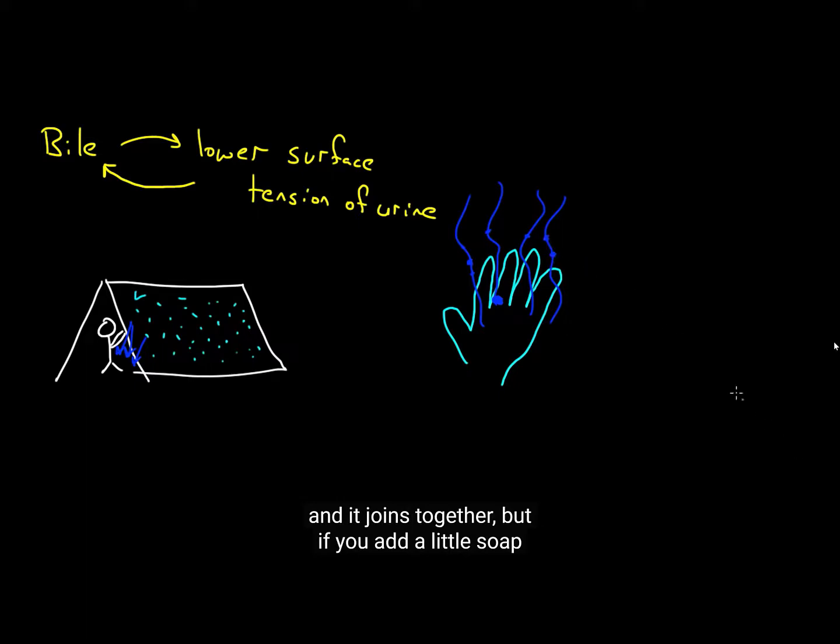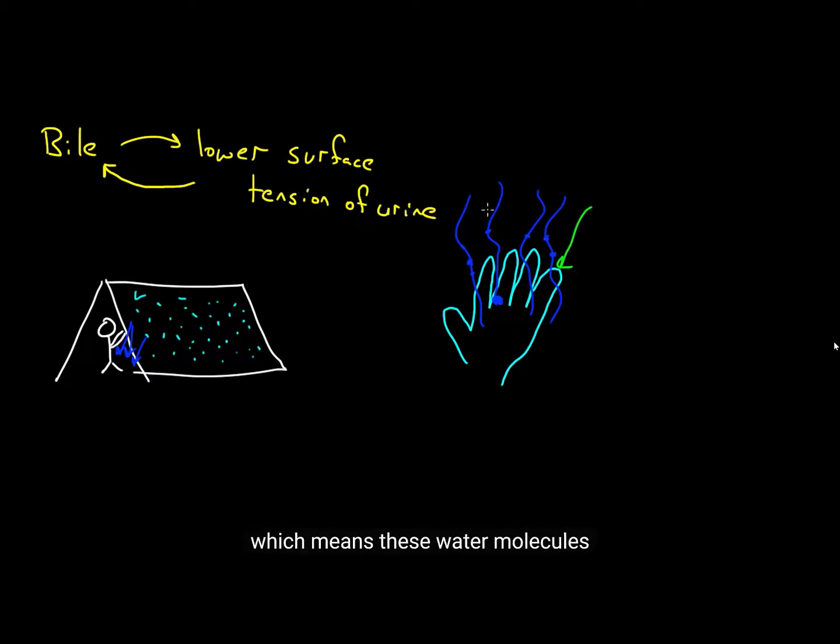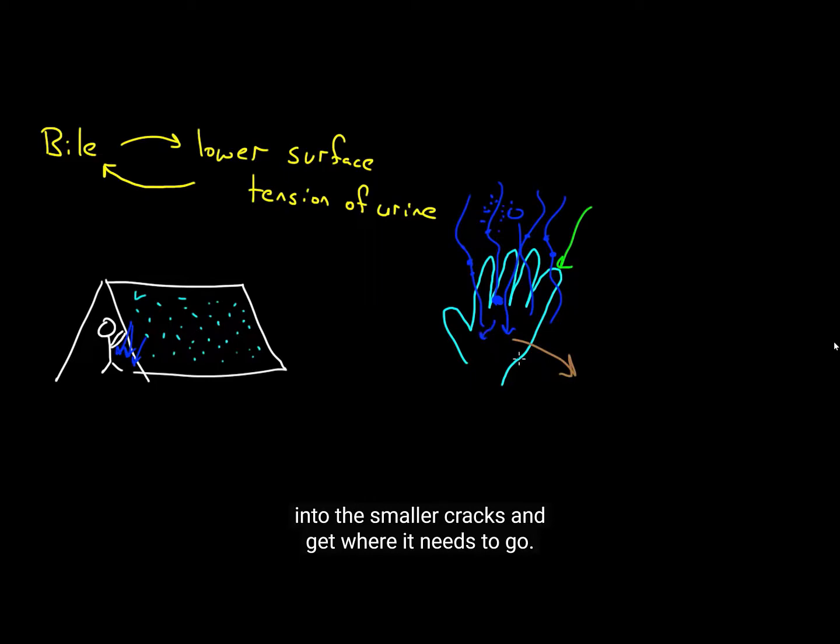But if you add a little soap to the scenario, that breaks the surface tension. It lowers the surface tension, which means these water molecules don't clump together as much. And if they're not clumping together, they can get into the small cracks, which kicks out the dirt in your hands, and this water is better able to penetrate into the smaller cracks and get where it needs to go.